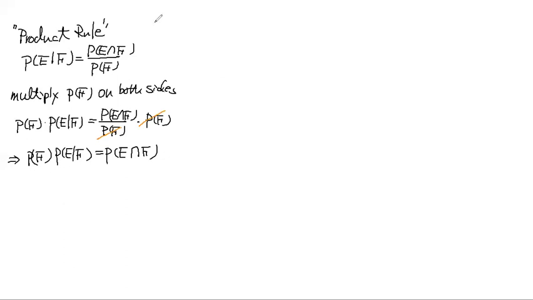So basically, the product rule tells you that if you want to find the intersection of two events, you can use PF times the probability of E given F here.